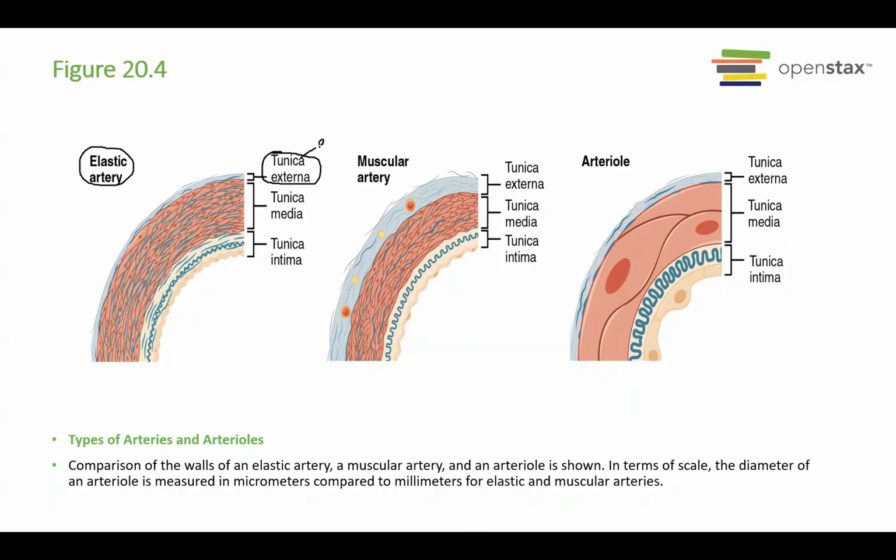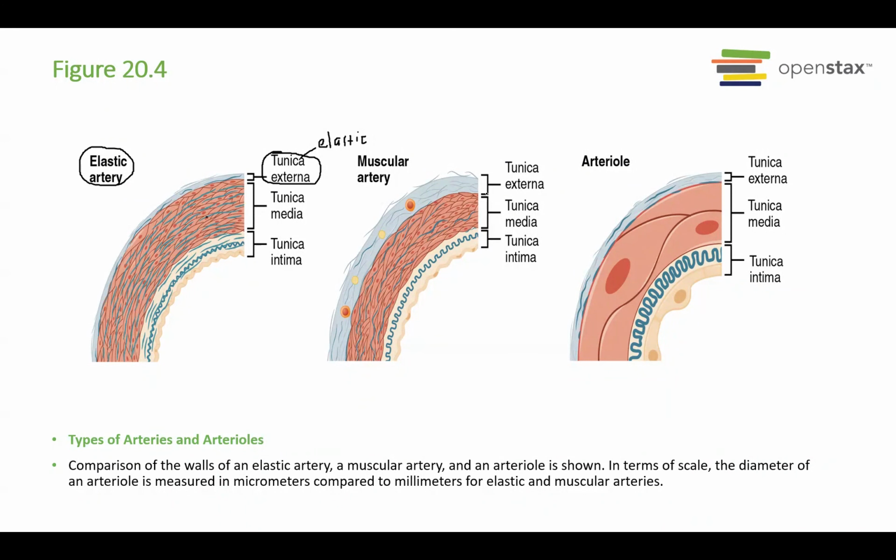So it can become bigger, or wider, when it receives the pressure from the blood that is pumped from the heart. And then the tunica media also has smooth muscle, and the tunica intima.